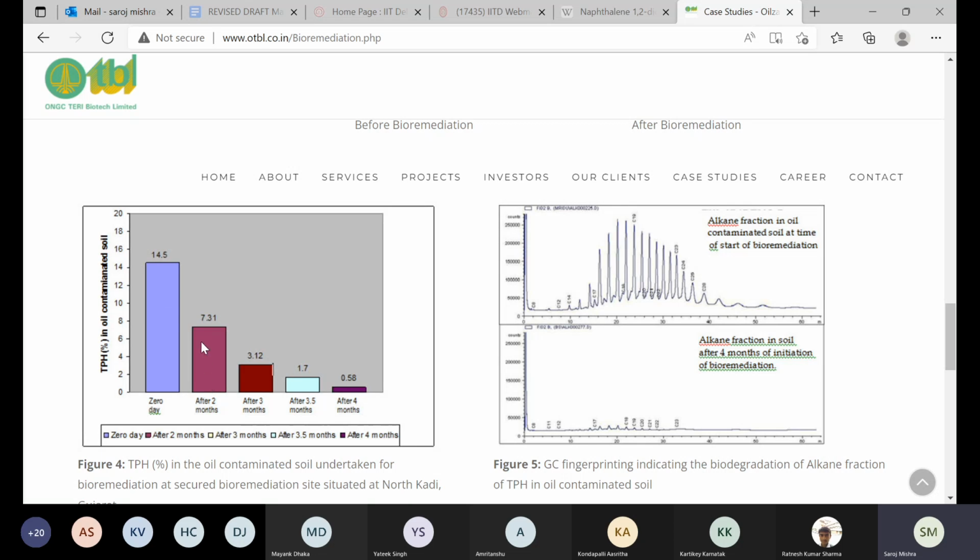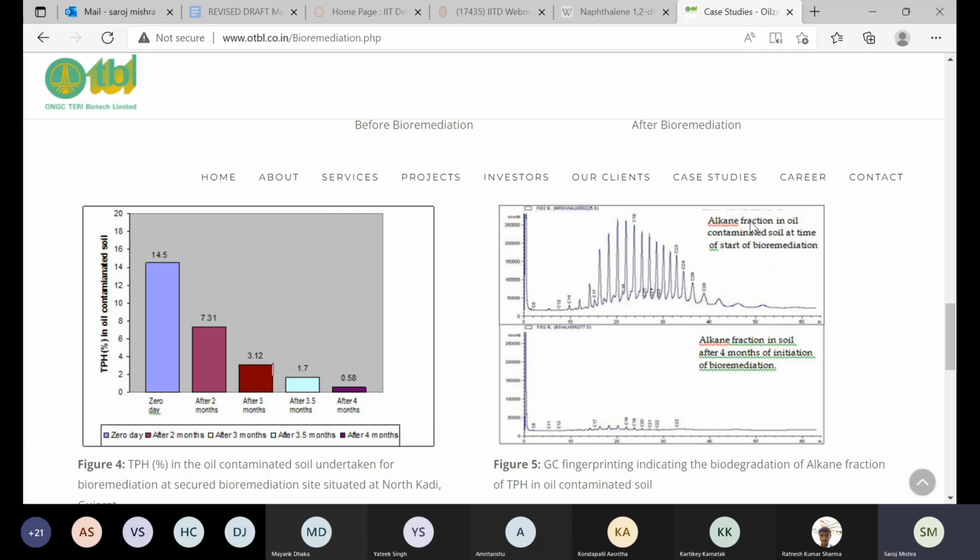After 2 months, it is reduced to 7.31. After 3 months, 3.5 months, and after 4 months. So you see that a large chunk, almost 99% of the total hydrocarbons, have been completely eaten up by the microbial consortium.